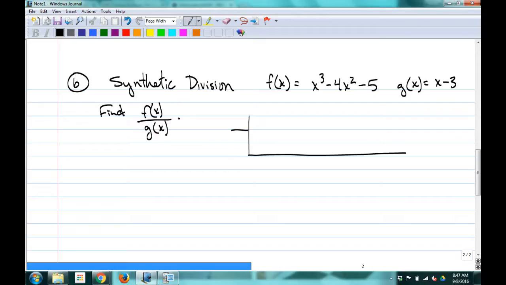Now, inside on the top row of the bigger box, we want the coefficients of the polynomial we're dividing into. So that would be a 1, negative 4, 0 for the x that's not there, and then a minus 5. Up on the shelf, though, we're dividing by x minus 3.